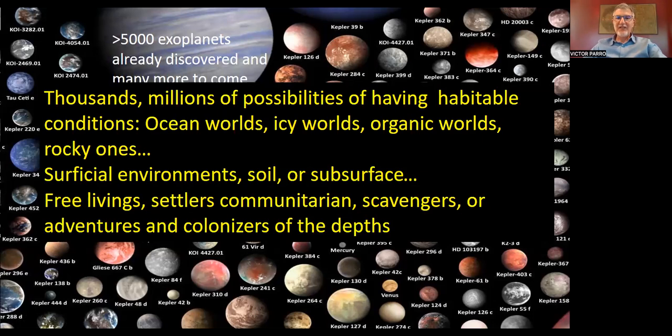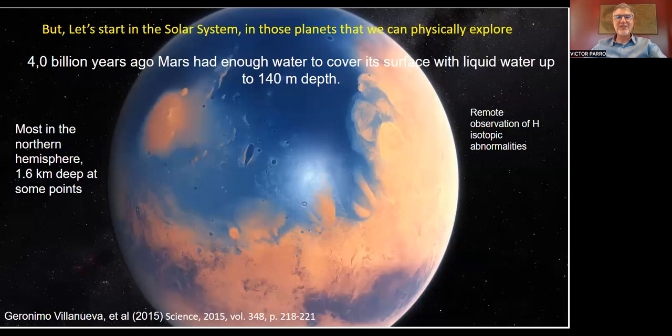But let's stay first in our solar system and see what we can do on those planets that we can reach and study in depth. The paradigmatic case is Mars.